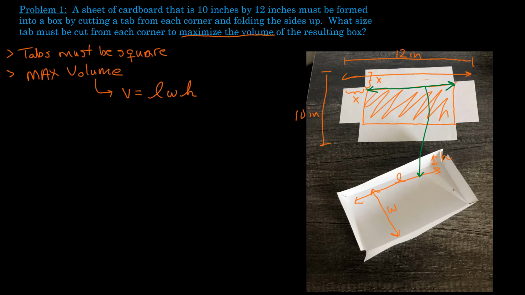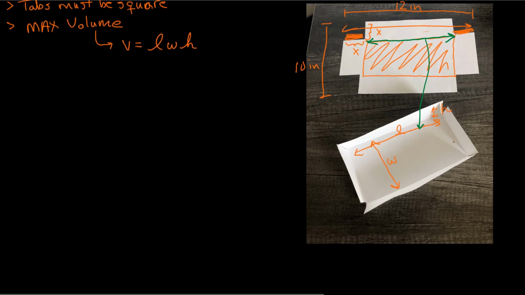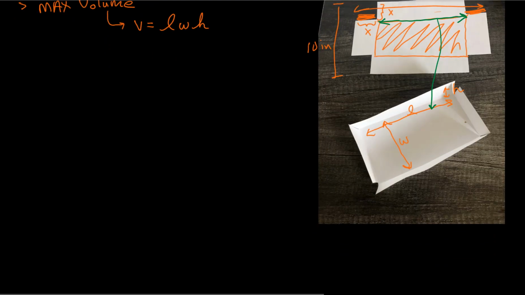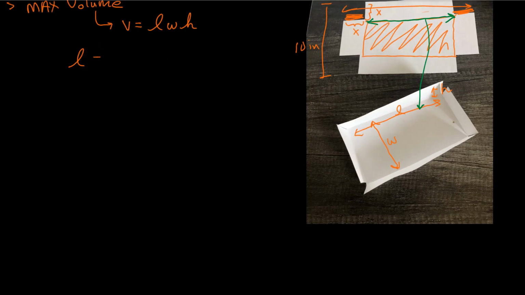It's going to be that whole 12 inches, but I've cut away this much on the left side, x, and this much, same amount on the right side, x. So the length is going to be the 12 inches that I started with minus an x minus an x. In other words, take away the length from each side, which is going to give us a length of 12 minus 2x. The width is going to work the same way.